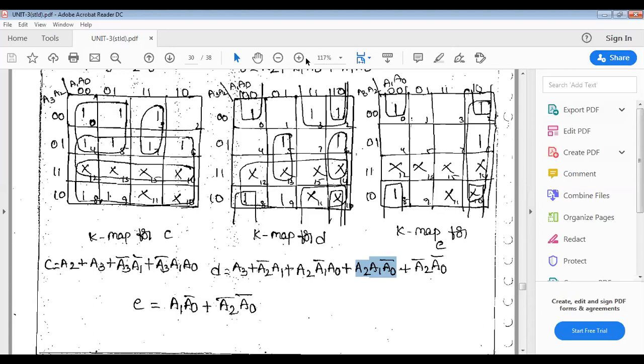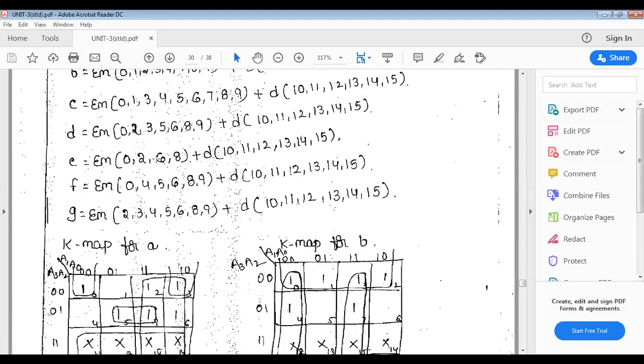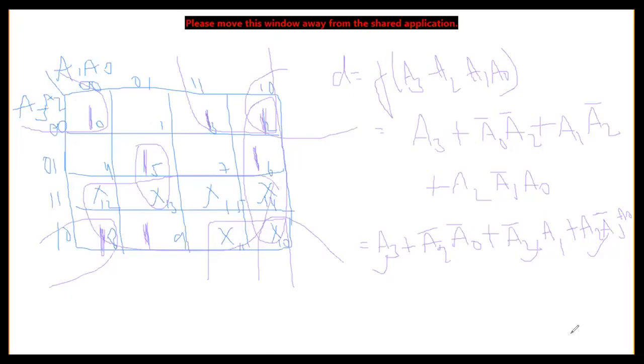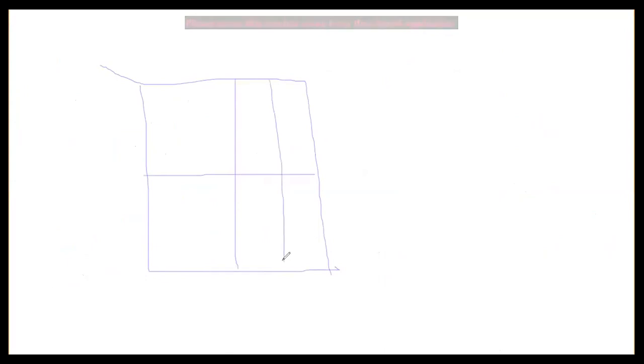Then after, to get E, take another K map here, 0 to 6, 8.